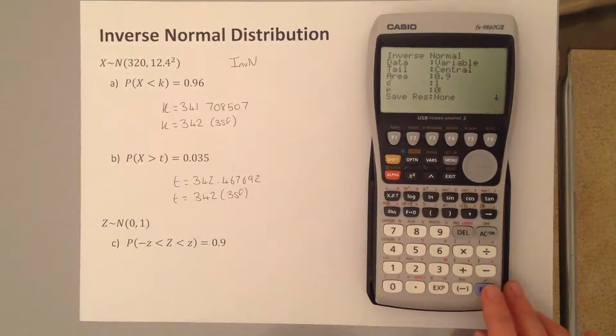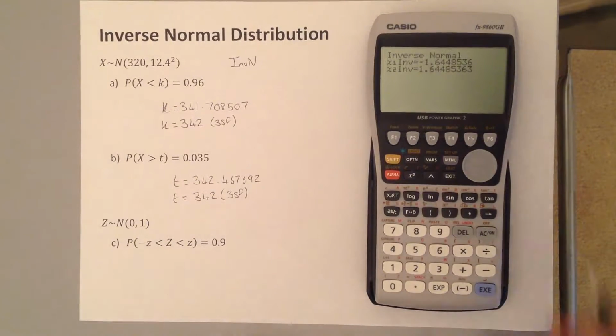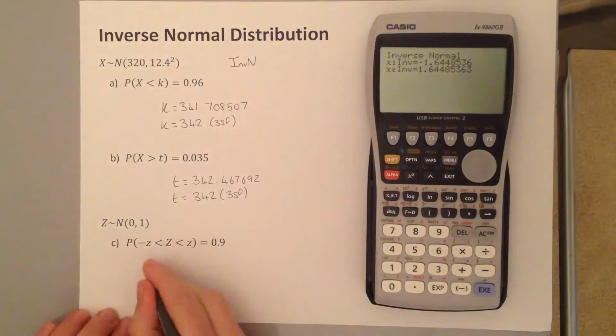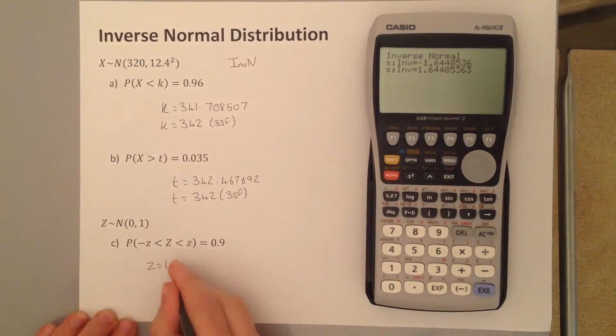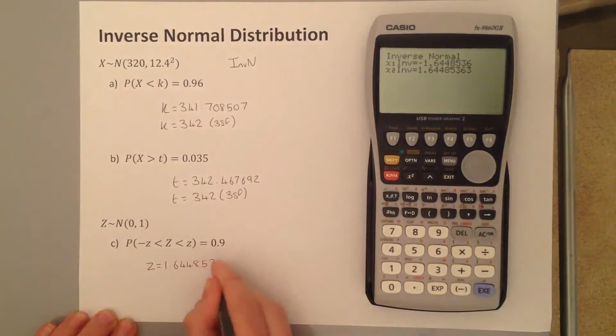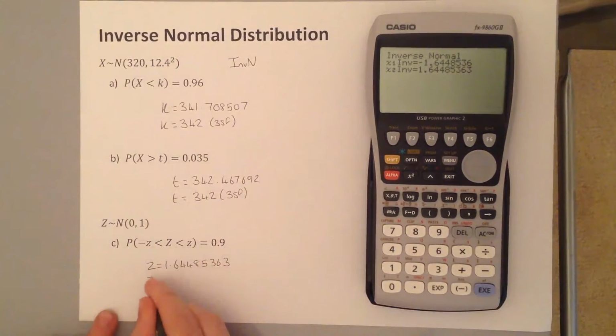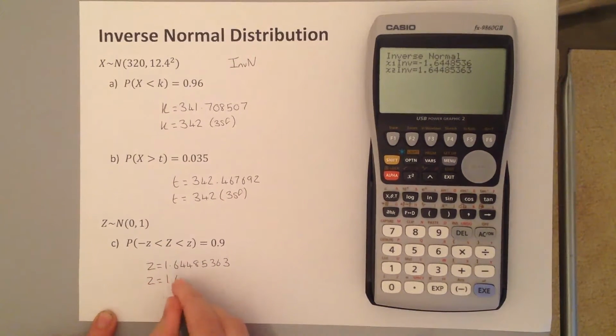Any question where you're calculating z, you want the mean to be 0 and the standard deviation to be 1. If I select execute now, it will come up with my two values and tell me that z is equal to 1.64485363. And again, if I want to round that to three sig fig, I get 1.64.